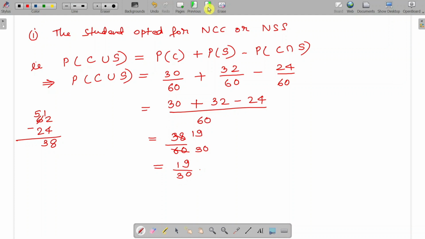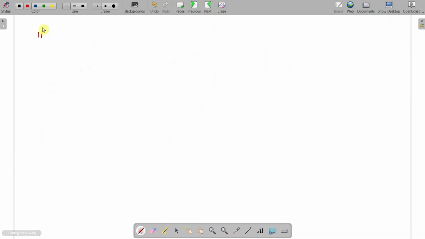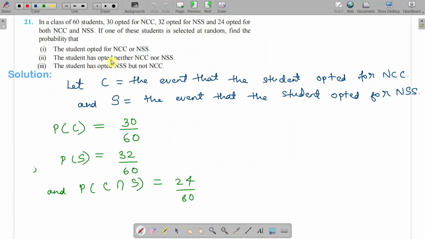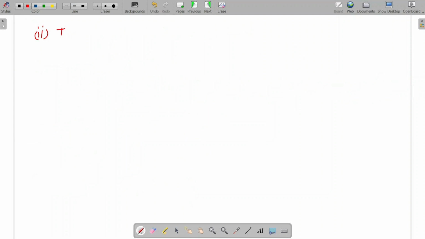So now let us go to the second one. The student has opted neither NCC nor NSS.